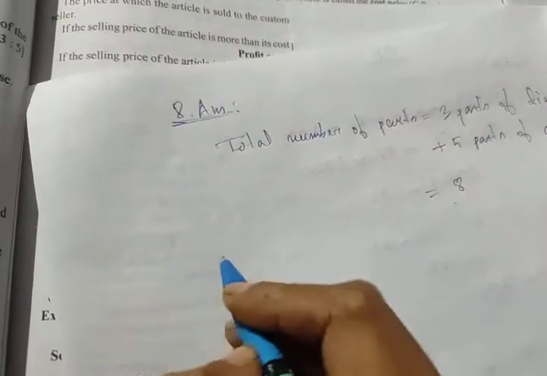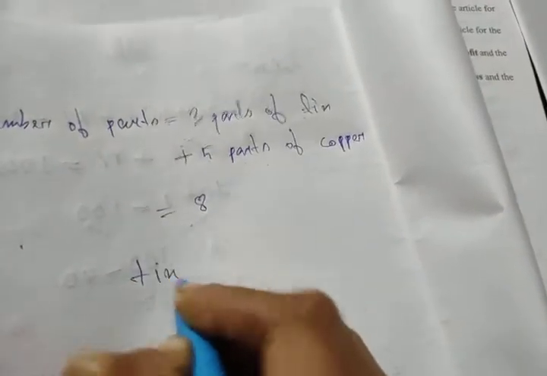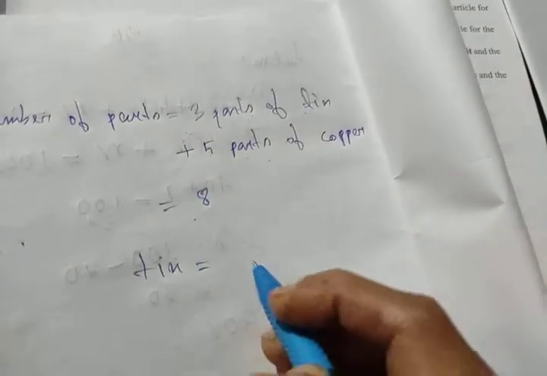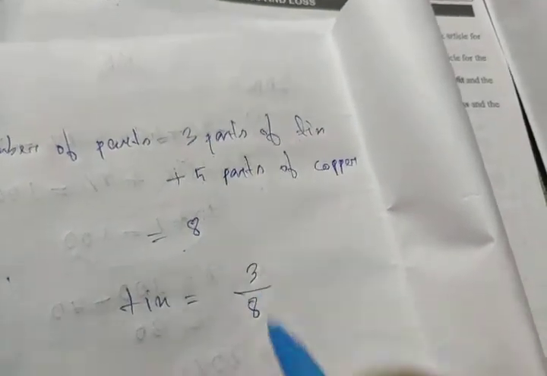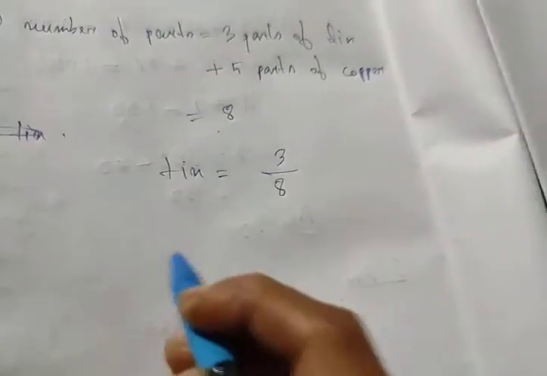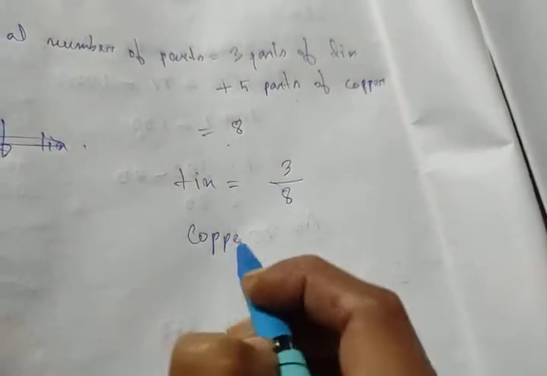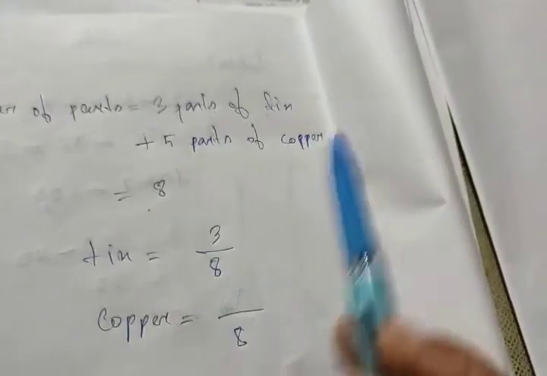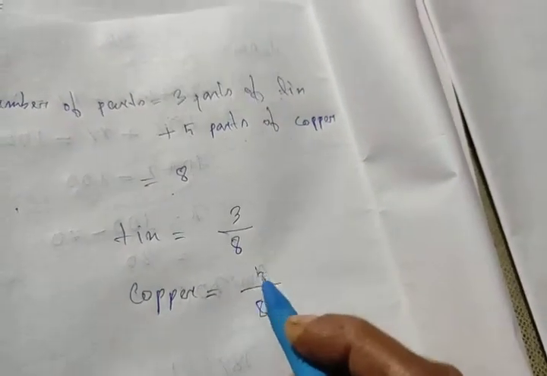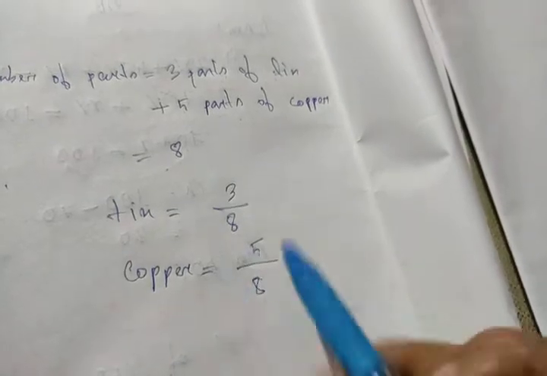Therefore, tin, how much? Total is 8. Out of 8, how many parts are tin? 3 parts. So we can write this as 3 by 8. And copper. Total parts 8. Out of 8, how many parts are copper? 5 parts. So we can write this as 5 by 8. Is it clear?